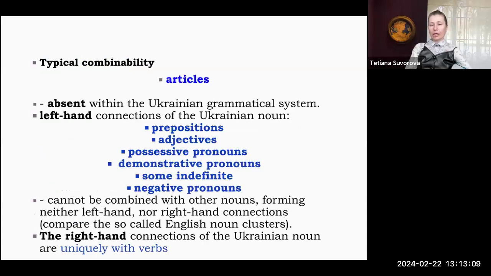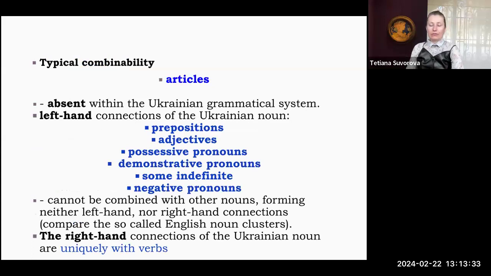Well, typical combinability in the English language is with the article, always; it's obligatory. It doesn't exist without an article in English, while in Ukrainian it is an allomorphic feature between the languages, because they don't have this common feature.